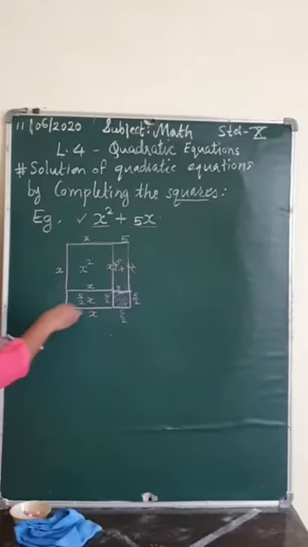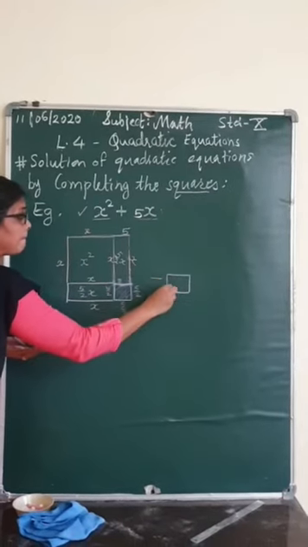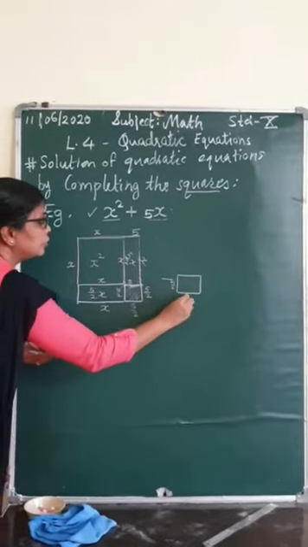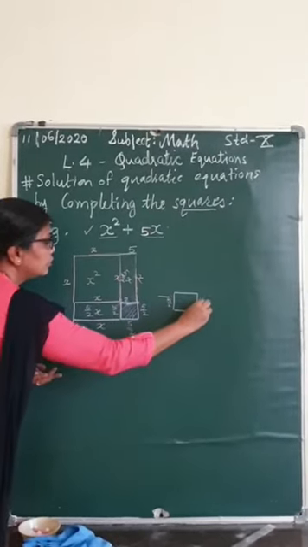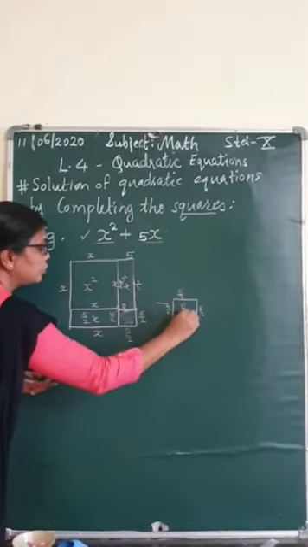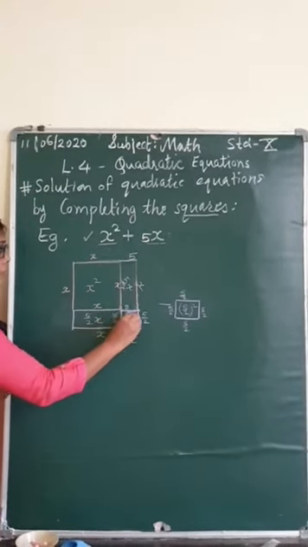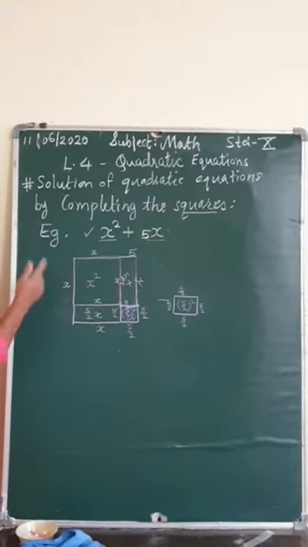So we have to subtract this square, which has sides 5 upon 2 each. It means 5 upon 2 whole square, that we need to subtract. So how do we write that?